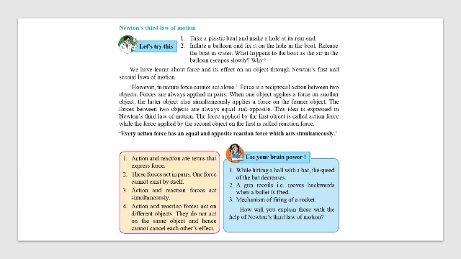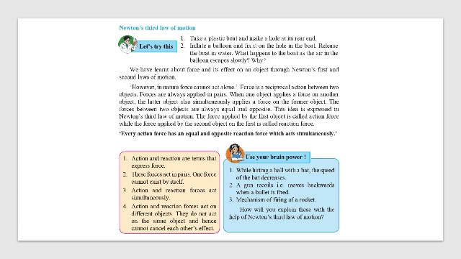In nature, force cannot occur alone. Force is a reciprocal action between two objects. One object action, another object reaction. So when an object applies a force on another object, the latter object also simultaneously applies a force on the former object. The forces between two objects are always equal and opposite. This is Newton's third law of motion.